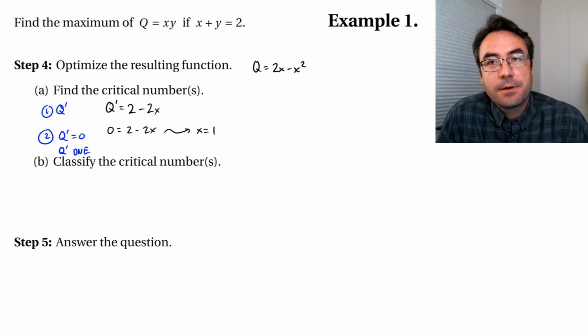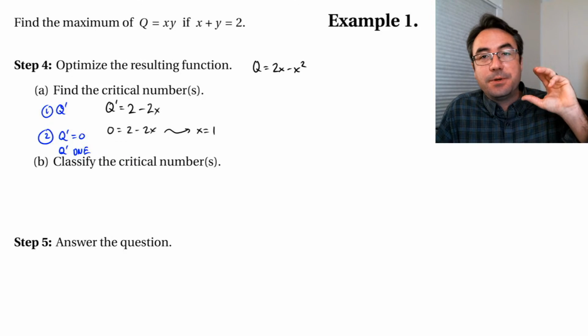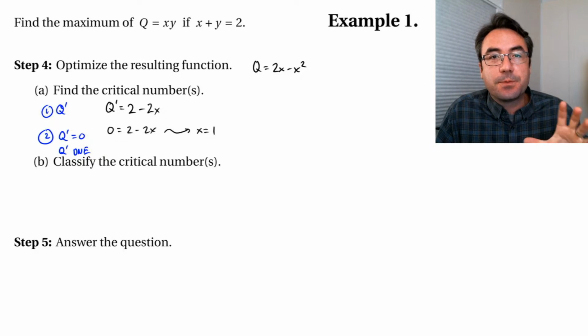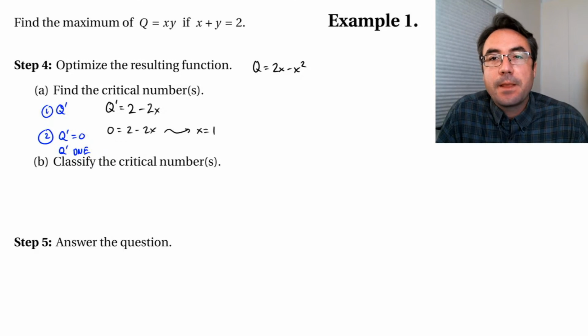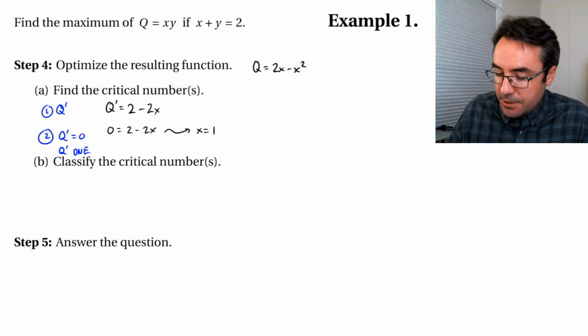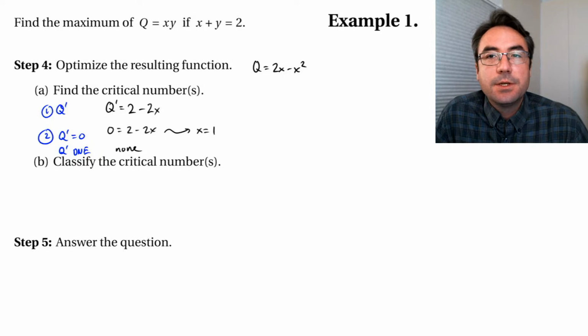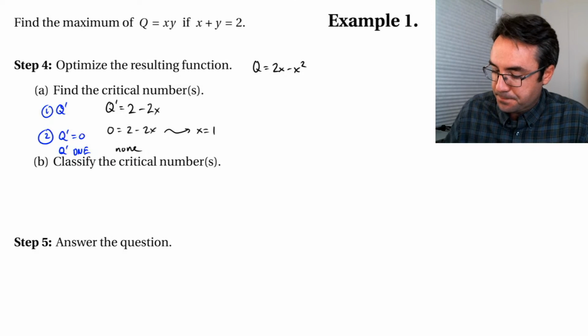Now for our derivative, we want to pay attention: is there any division by 0? Are there any logs or square roots where we might run into trouble? No, it's just 2 minus 2x. There's no place where our derivative is undefined. So it looks like x equal to 1 is the only critical number.